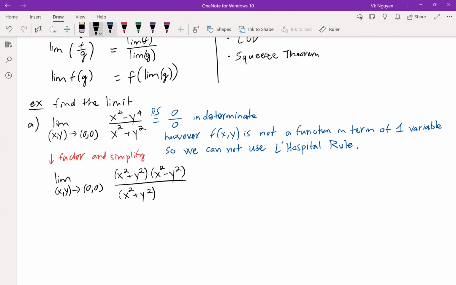And then this one, get rid of this. So do the substitution, you're just going to get 0. The limit here is 0.